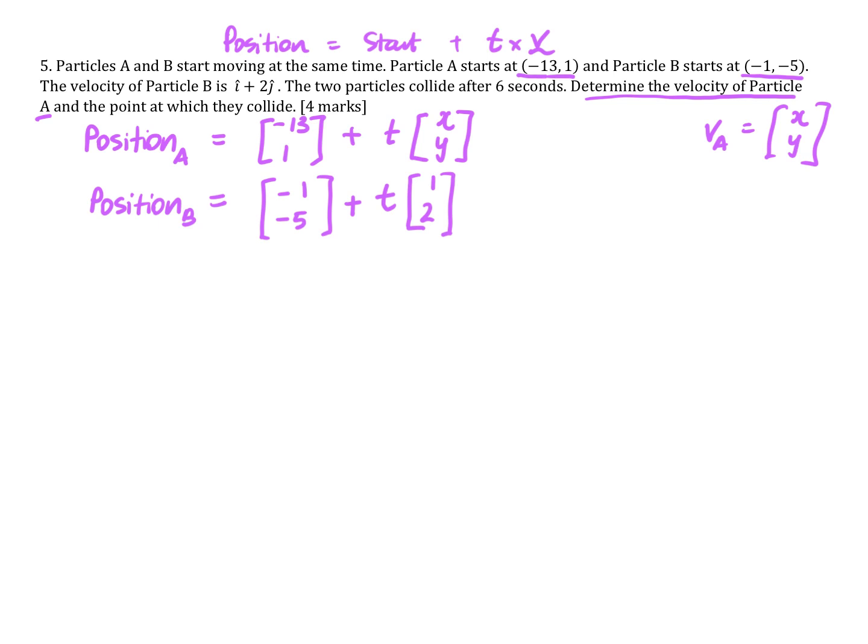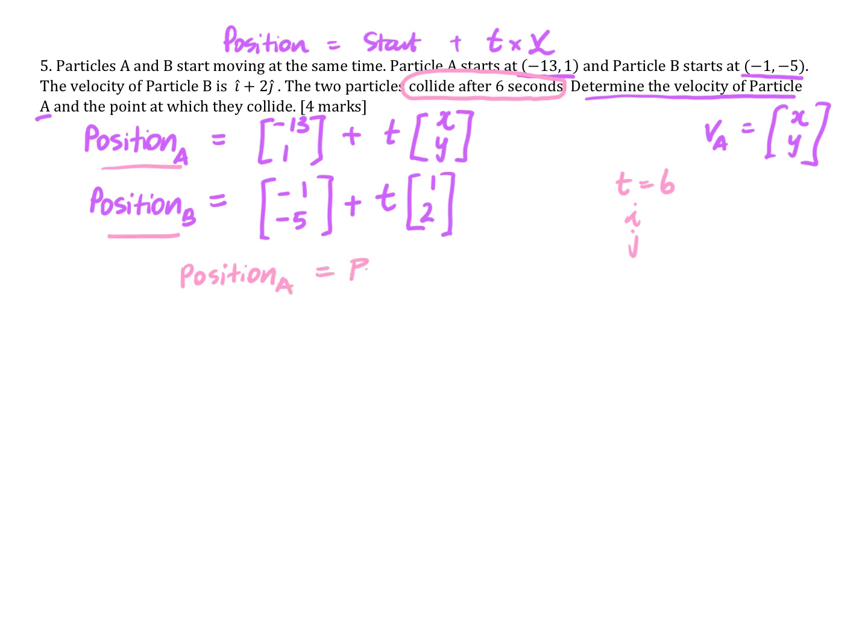Now, I know that they collide after 6 seconds. What that means is that when time equals 6, their i components are the same and their j components are the same, because they are in the same place. Position A is equal to position B when time equals 6. It might be a good idea to write that down.